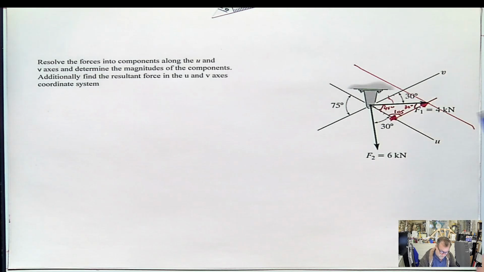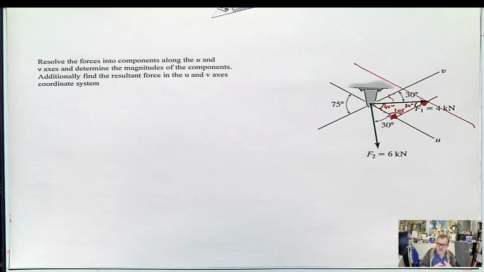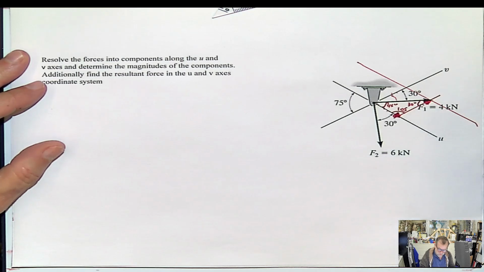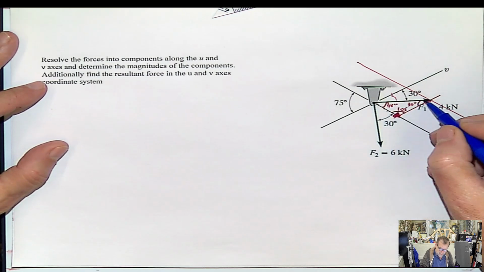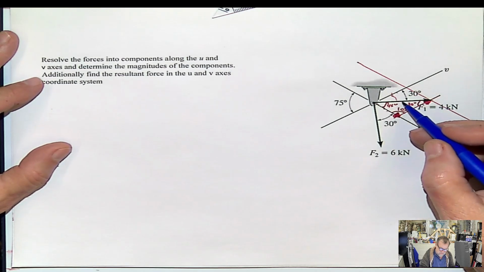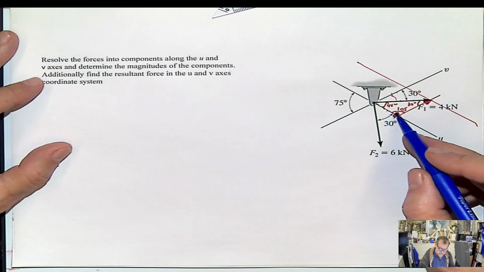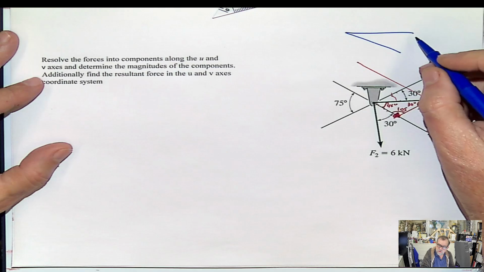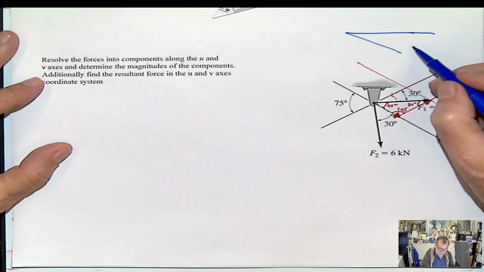So let's put that in. One thing to keep in mind is that when you don't have perpendicular axes, you have to use the law of sines and law of cosines. So just do the law of sines for this. I know this value, which is 4. So I can start by saying 4 divided by sine of 105. I'm going to copy the triangle here to make it easier to see.